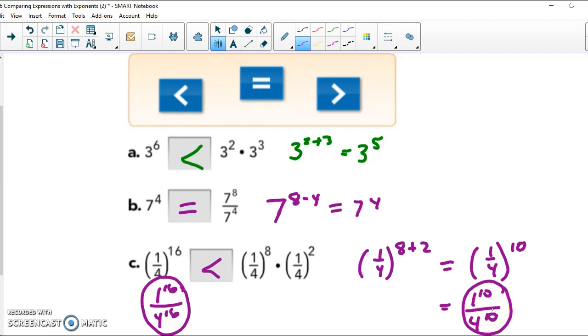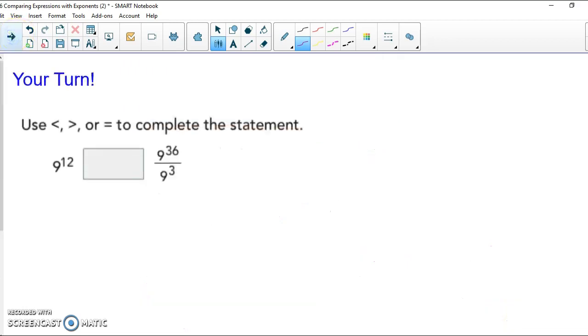So those fractions get tricky. The rest are pretty straightforward. Let's practice again here. Less than, greater than, or equal to. If I'm looking at 9 to the 12th and 9 to the 36th divided by 9 to the 3rd, make sure that we remember the correct process for quotient of powers. If I have the same base, I'm going to keep that base and I'm going to subtract my powers.